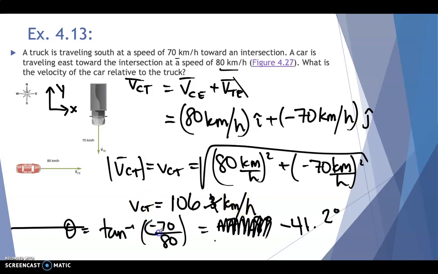Now we want to make sure that this is correct. So if I go back and look at the equation that I first began with, notice the symbols I have on here. So V sub CE plus V sub TE.